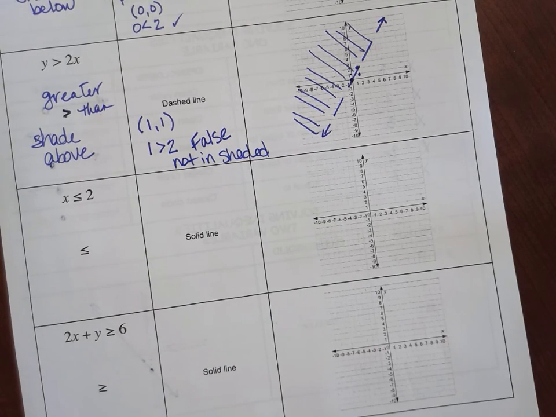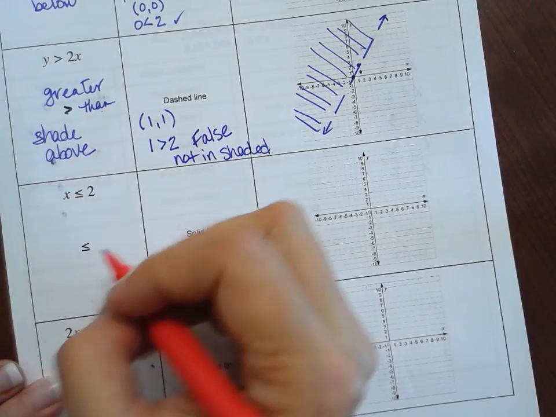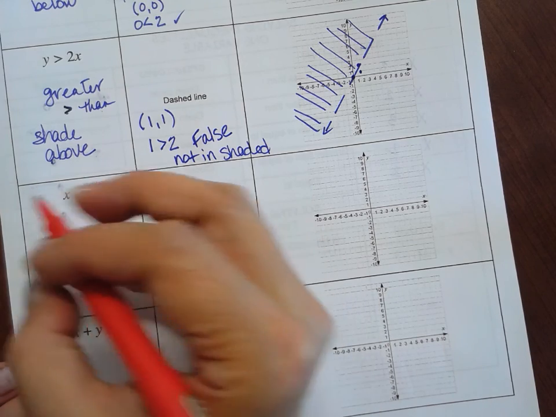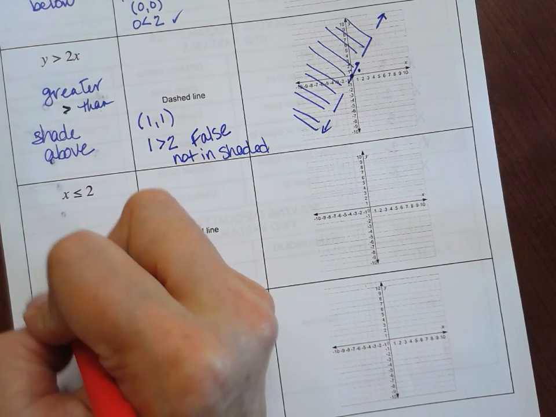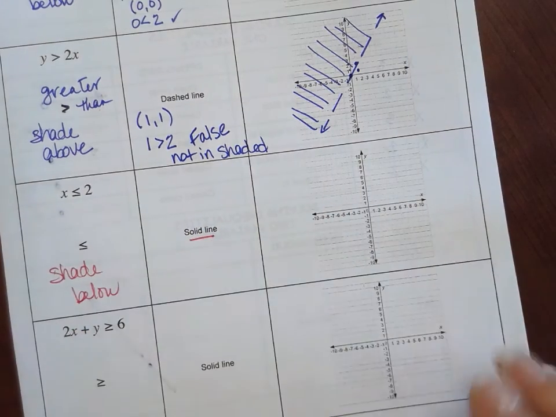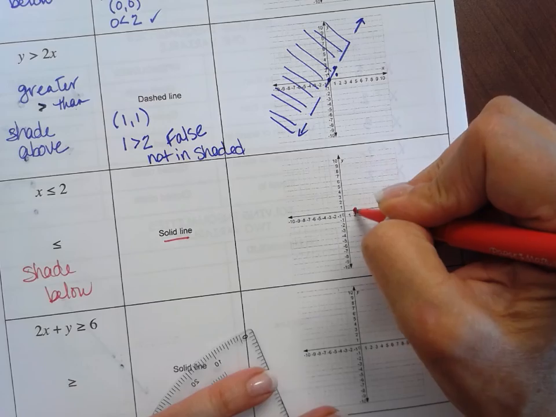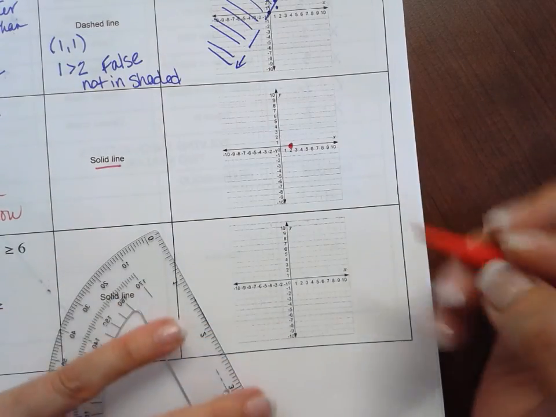All right. Less than or equal to is going to be another shade below, but this time you're using a solid line. There's x is 2.